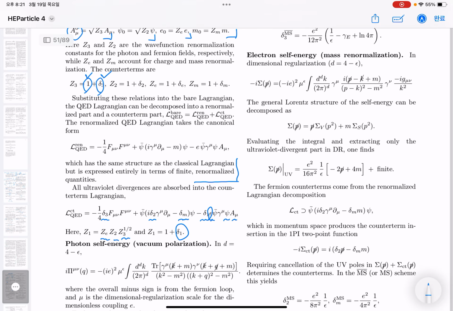And this counterterm absorbs all the UV divergence arising from the loop diagram. So now we will determine the counterterms by evaluating the loop diagram.